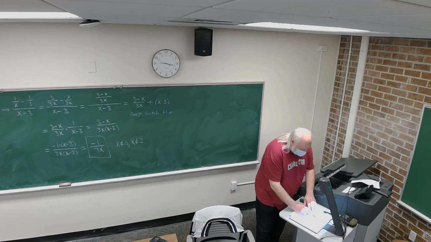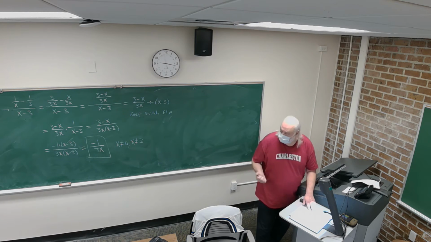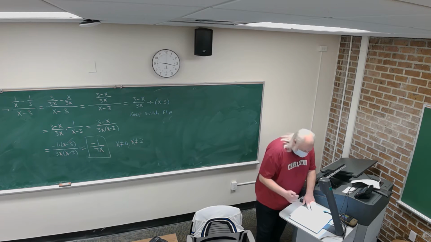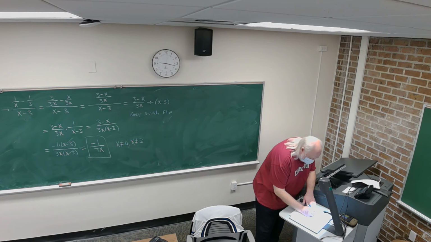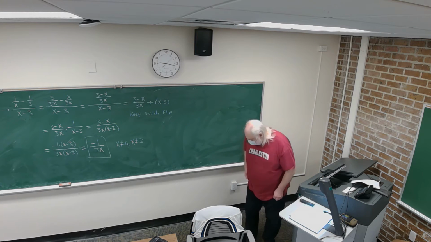If x is equal to 2, the independent variable x is equal to 2, then the value of the function is 4. So this says at x equals 2, the value of the function is 4.